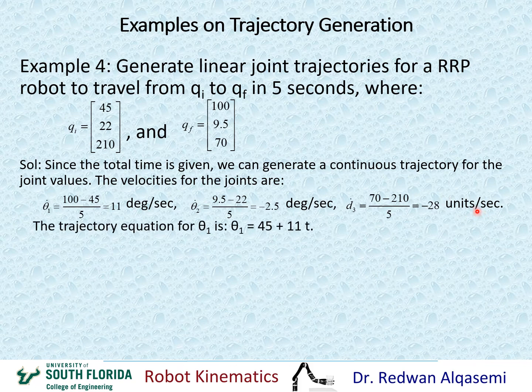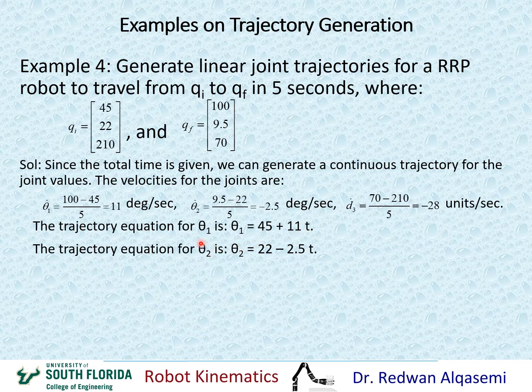Now I'm ready to construct the trajectory equations for each one of these variables. Starting with the theta 1 equation, it equals theta 1 initial, which was here 45, plus theta 1 dot, which we just found as 11 degrees per second, times t. So theta 1 equals 45 plus 11t.